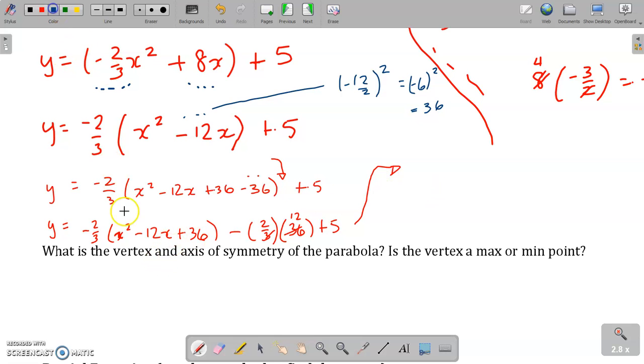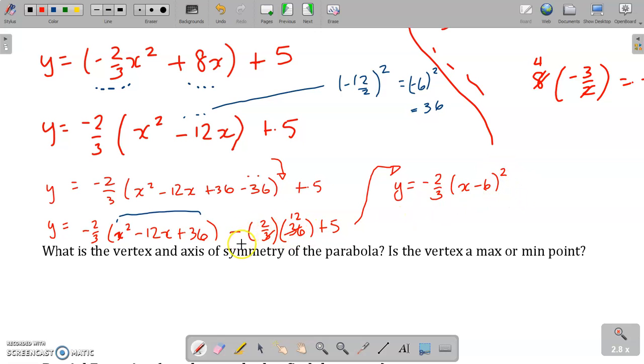Now, here, again, we're creating a perfect square trinomial. So this one is equal to x minus 6 all squared. So then we have y equals minus 2/3 times x minus 6 all squared.